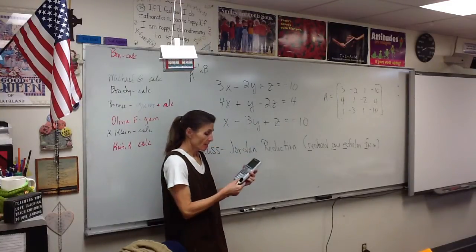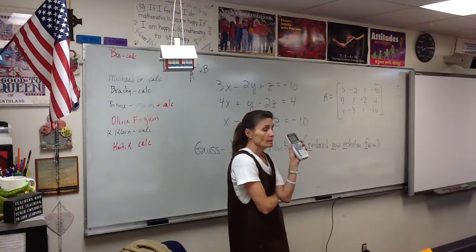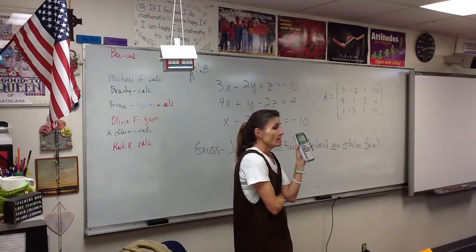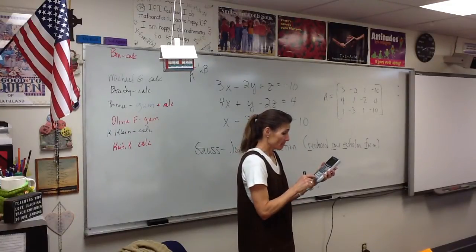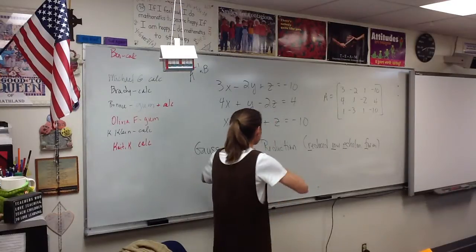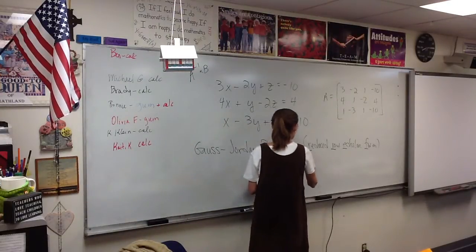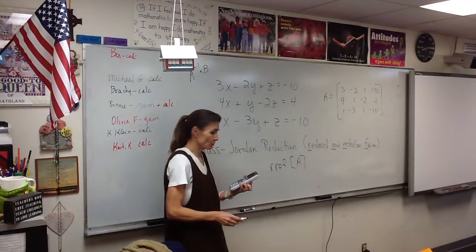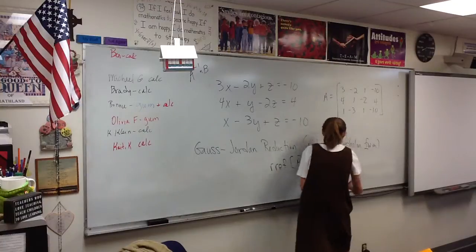I don't think that's it. Press enter. Yes, it is. Click all the way down. I found it. Press enter. Now, go back to your matrix menu. Pick A. So now the screen should say RREF A. Press enter. And this time, a big matrix comes up.